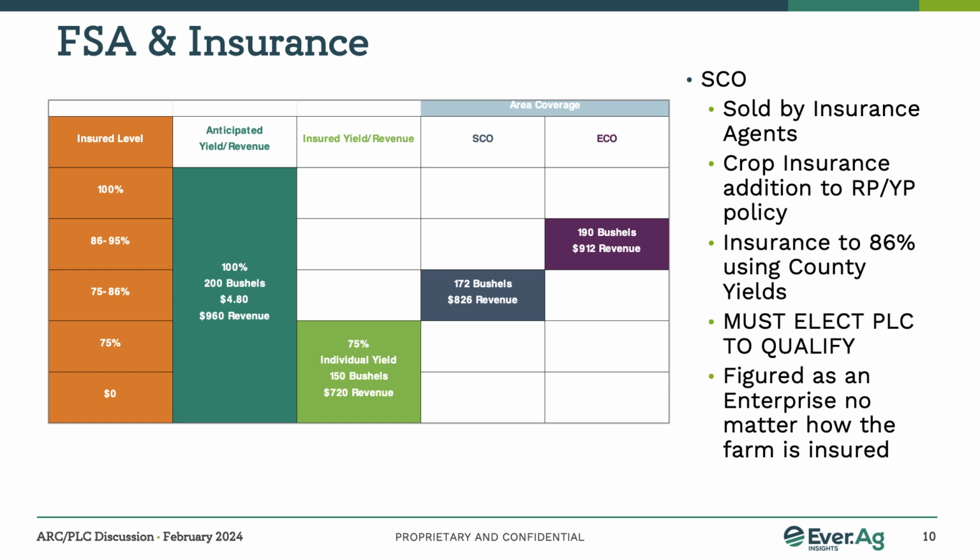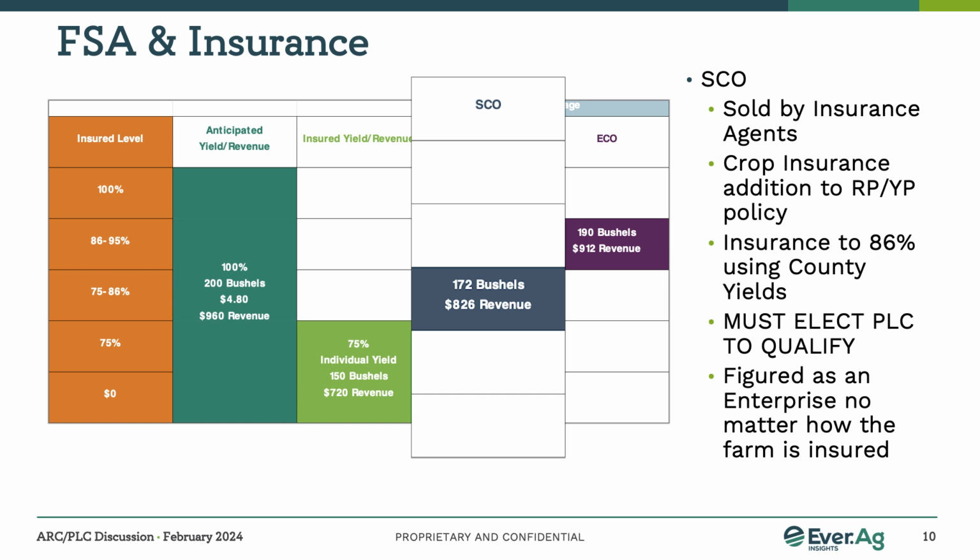On this example, we're going to say the county actually matches the individual, saying it's 200 bushel. And SCO is going to pick up at that 75% and take you up to 86% using county yields. It does use that same spring and fall price if you have a revenue protection program. So 86% of that 200 bumps you up to 172 bushels per acre and or $826 in revenue.